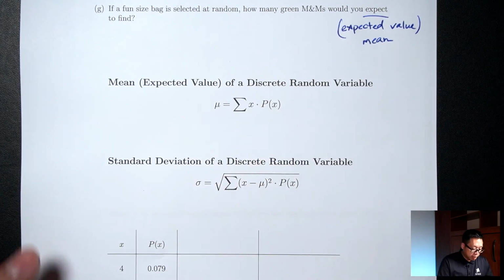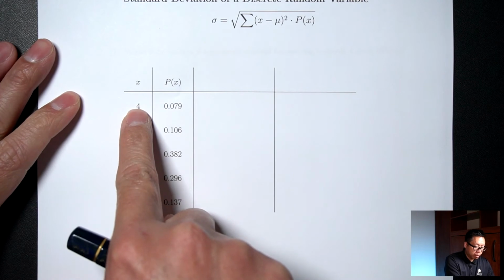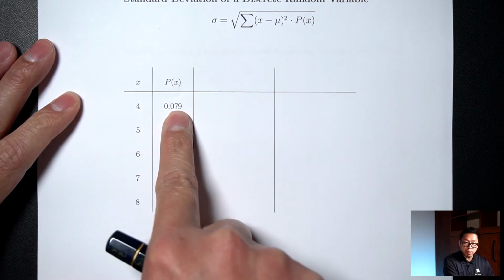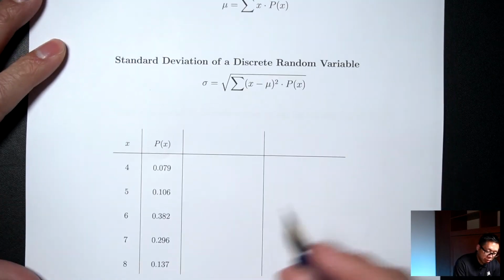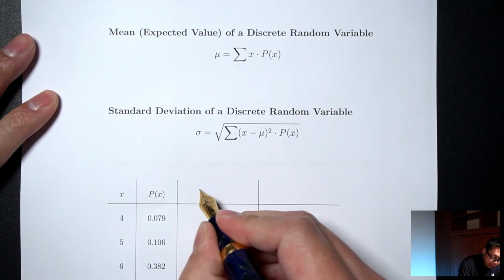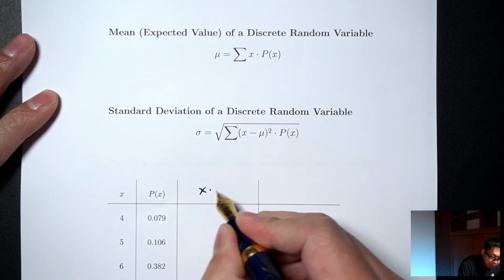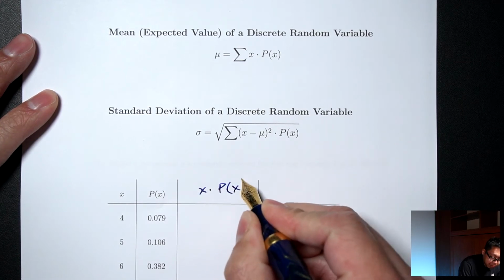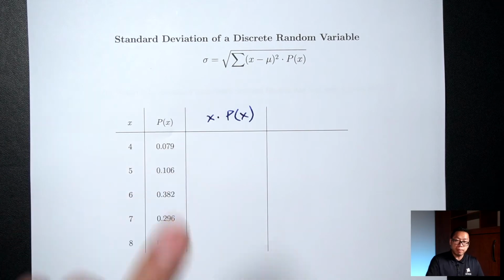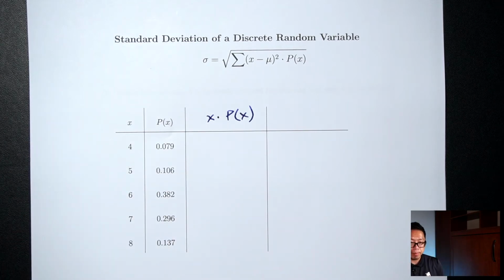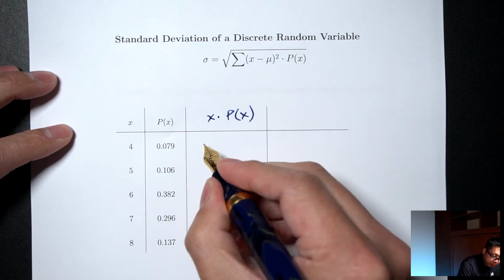So I'm going to create a new column where I do exactly that. Okay, so the first one, 4 times 0.079 is 0.316.